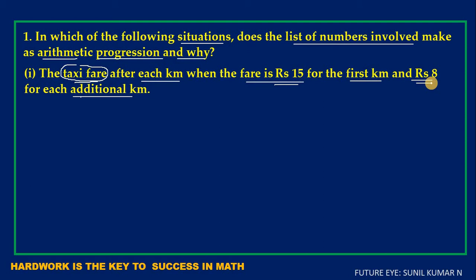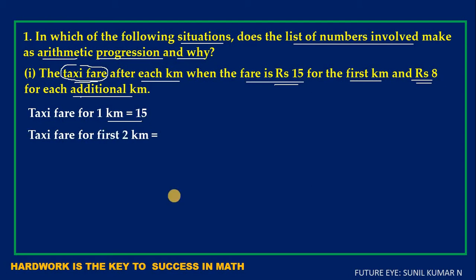In this way, let us find a list of numbers for this problem. Taxi fare for 1 kilometer is equal to 15. Next, find taxi fare for the first 2 kilometers. Can you guess what could be the answer here? Yes, as I said, 15 we have to add 8, we get 23.